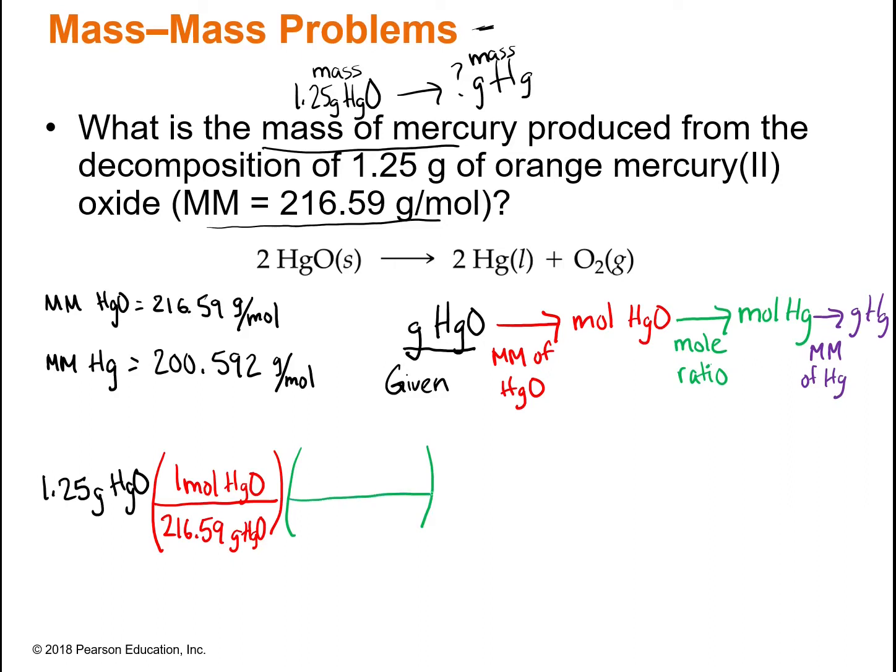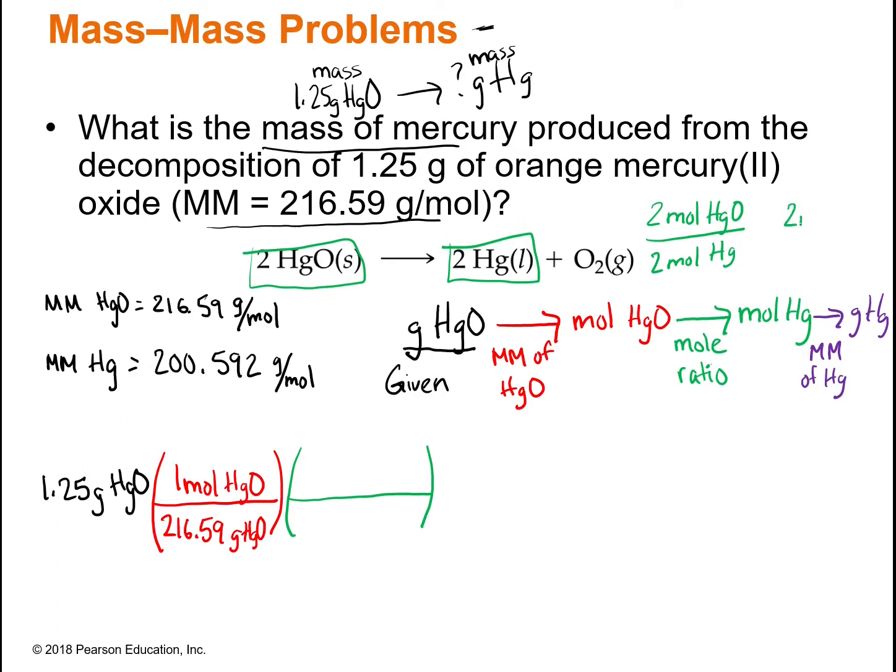Next comes our mole ratio. Let's write our mole ratios up here next to the chemical equation, and then we'll choose which one we want. So we need to relate the mercury 2 oxide and the mercury. So let's write a fraction with the moles for each. We've got 2 moles of mercury 2 oxide and 2 moles of mercury.